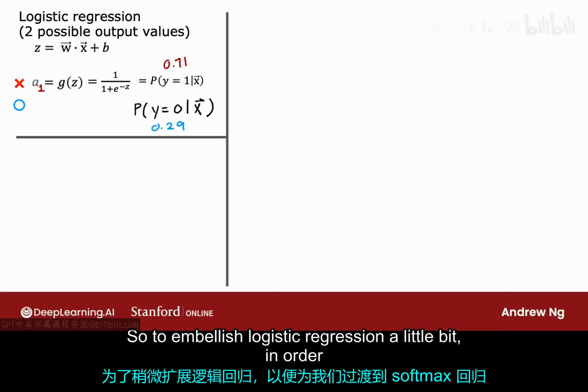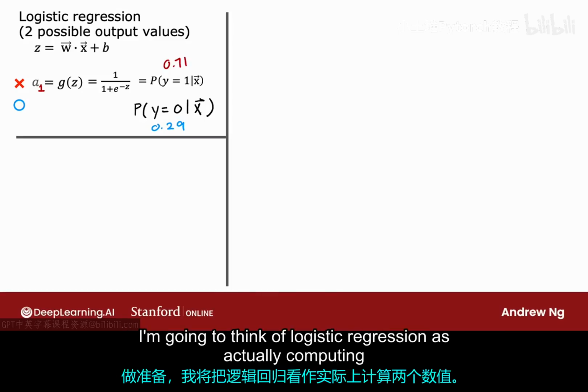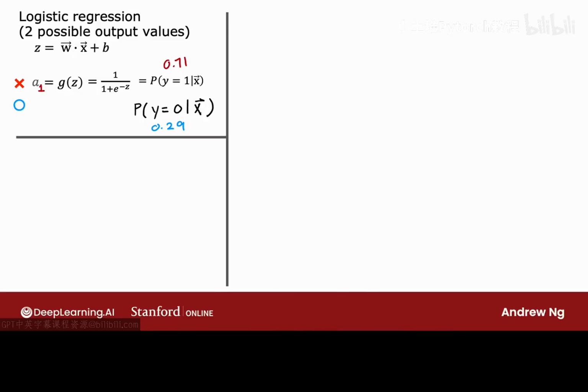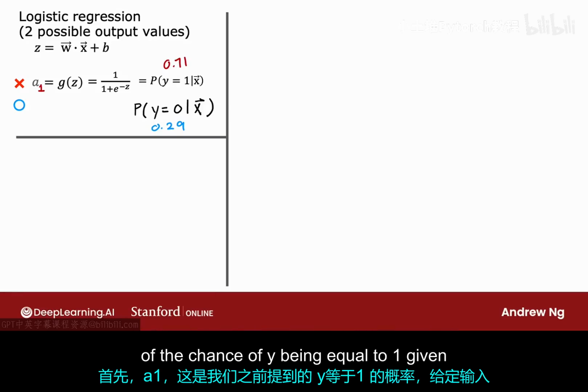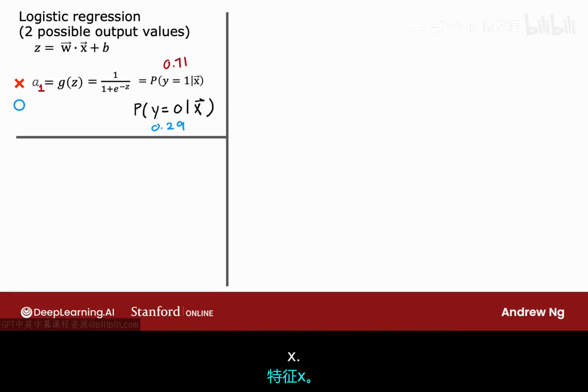So to embellish logistic regression a little bit in order to set us up for the generalization to softmax regression, I'm going to think of logistic regression as actually computing two numbers. First, A1, which is this quantity that we had previously of the chance of y being equal to 1 given x.